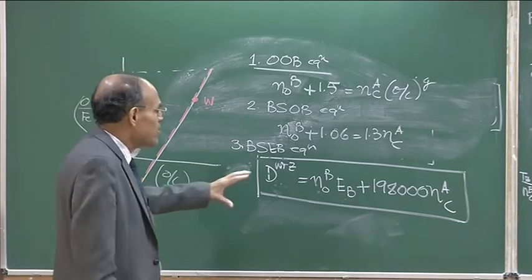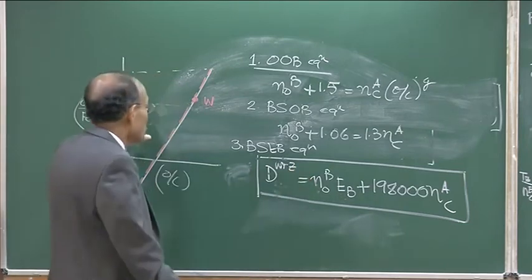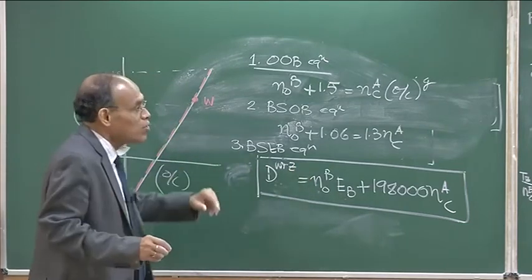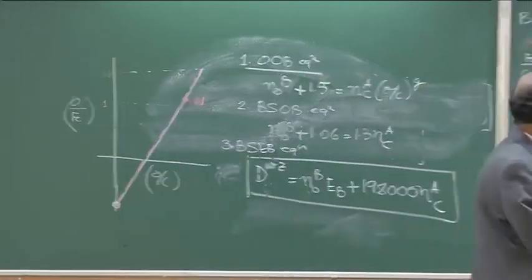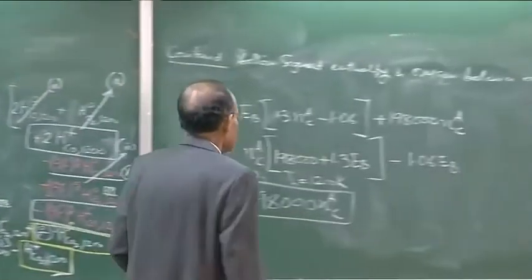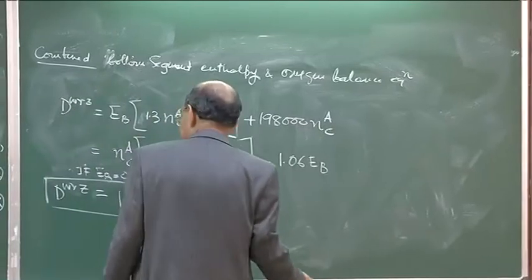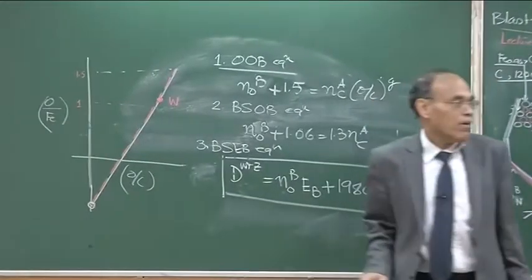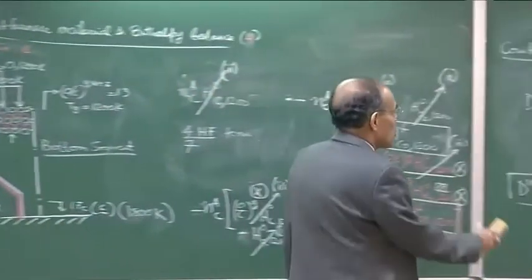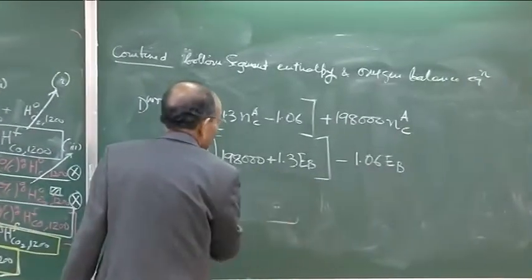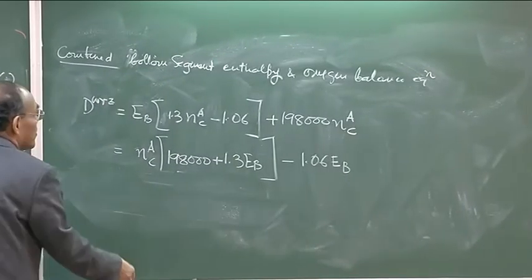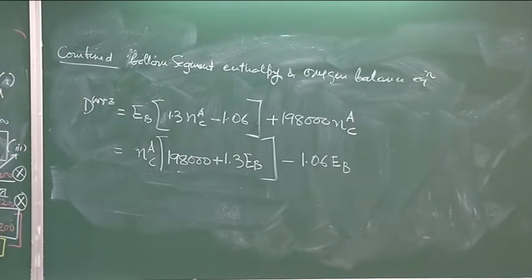So, it is not straightforward to substitute this or manipulate this. We have to do some things, and that is why I have written this particular equation, in which I have combined the oxygen balance and the bottom segment enthalpy balance, so that I can visualize the terms in appropriate units.